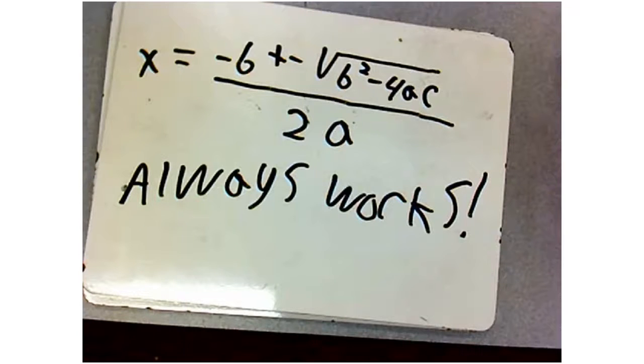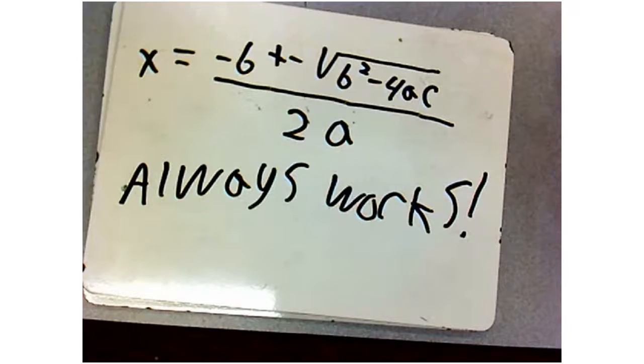Now, what is the square root of negative 36 simplified to, folks? 6 what? 6i. Because remember, i is the square root of negative 1, so we can separate it into i times the square root of 36, which is 6i. Then you rewrite it: 4 plus or minus 6i over 2.